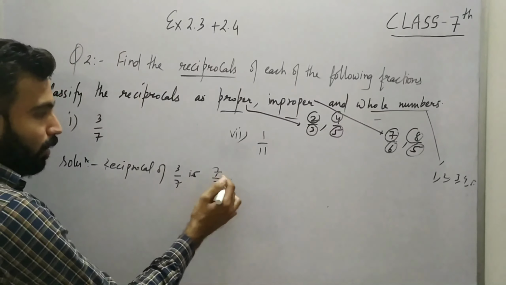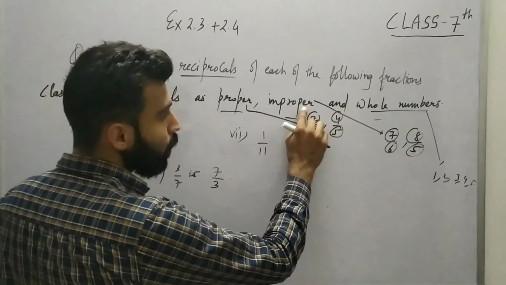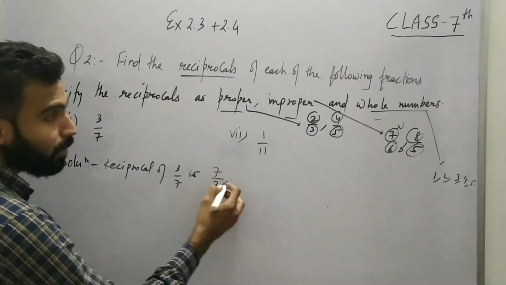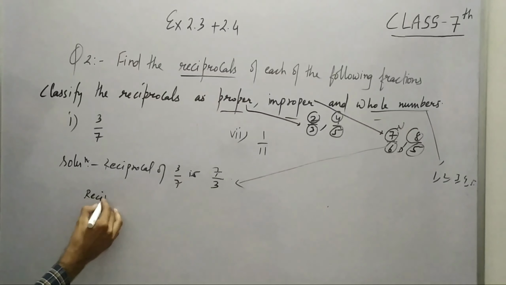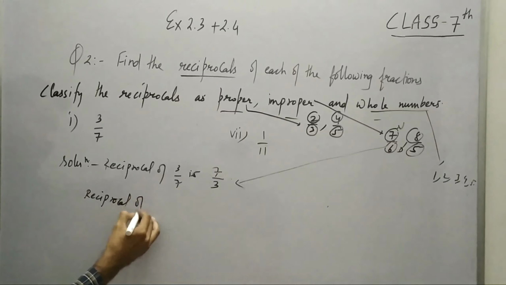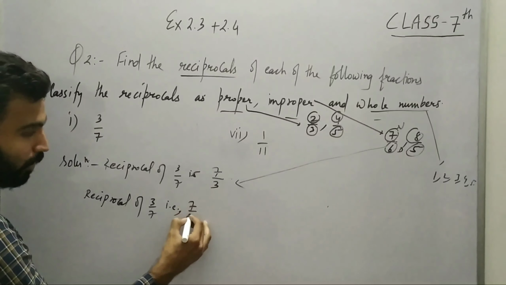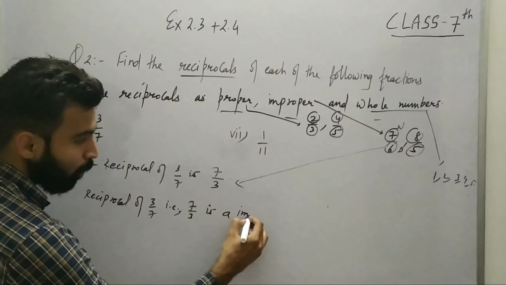Now you will see the numerator of it is greater than the denominator, and I have told you that in an improper fraction the numerator is greater than the denominator. That means this is a kind of improper fraction. So the reciprocal of 3 by 7, that means 7 by 3, is an improper fraction.